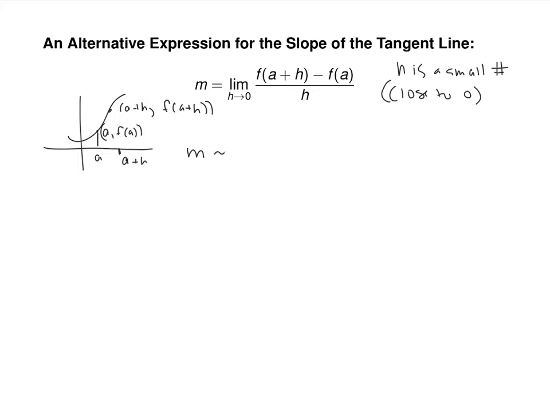So what would an estimate of m be using those specific values and taking the top one to be y2? So it'd be f of a plus h minus f of a, the other y, right, over what's in the denominator?